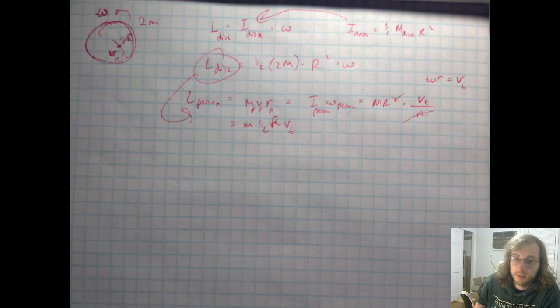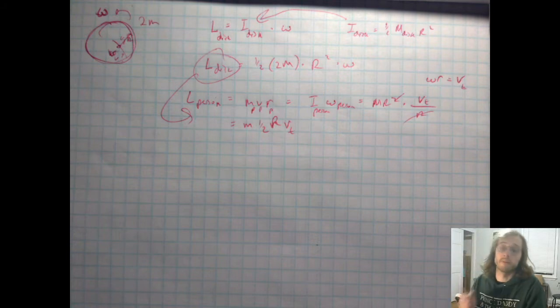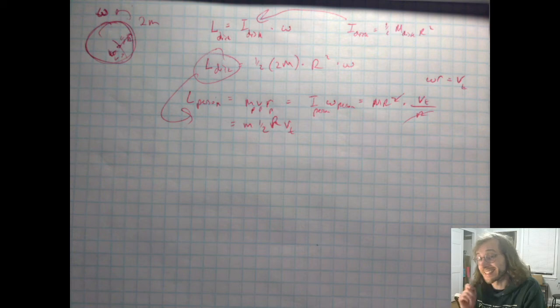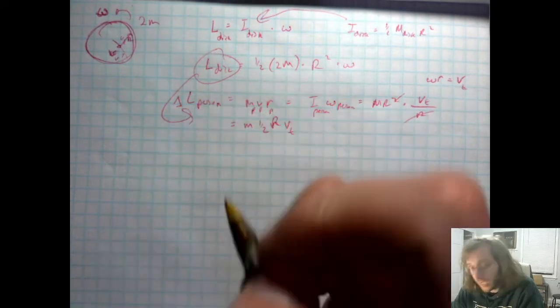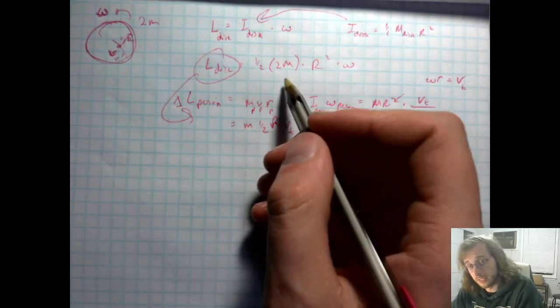That's going to need to be equal to the angular momentum they gain, not the angular momentum that they have, because they start with the same initial velocity as the disk. So the change in their angular momentum will need to equal this.